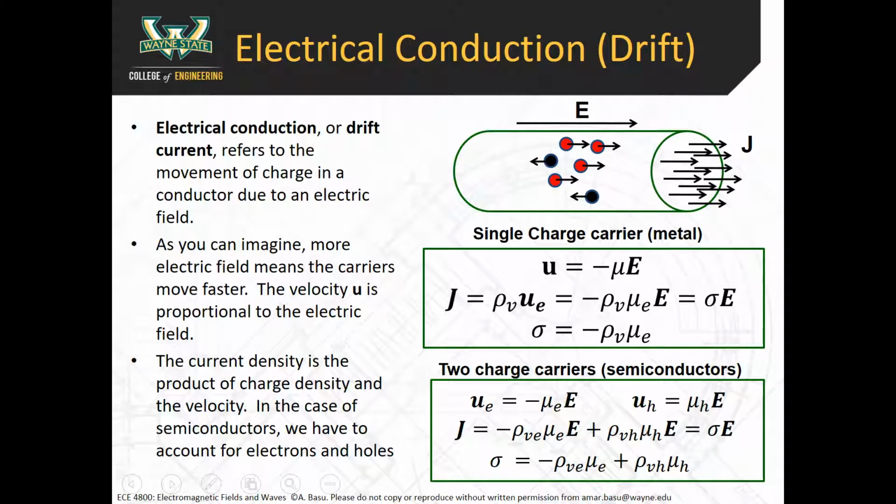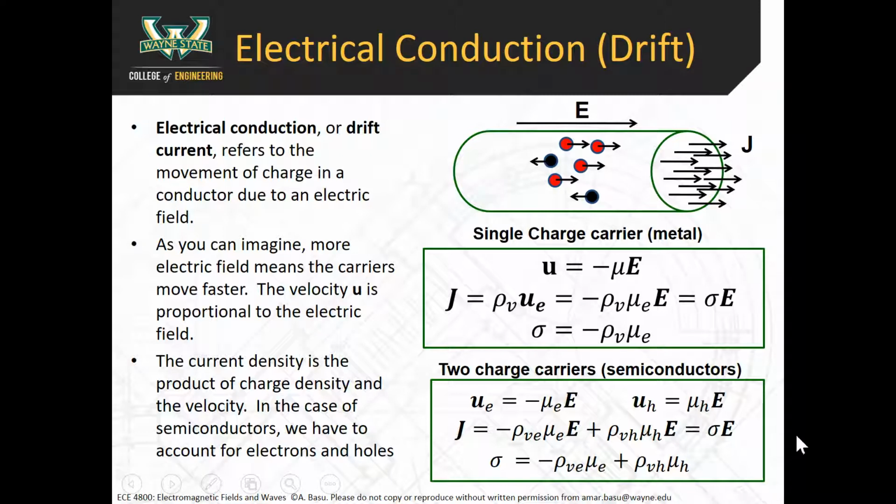It's a proportionality constant with the electric field. So U is equal to negative mu times E. The reason the negative sign is there is because electrons move opposite the electric field. So we've established how fast these charges are moving, the velocity in meters per second. The current density is equal to the product of the charge density and the electron velocity.